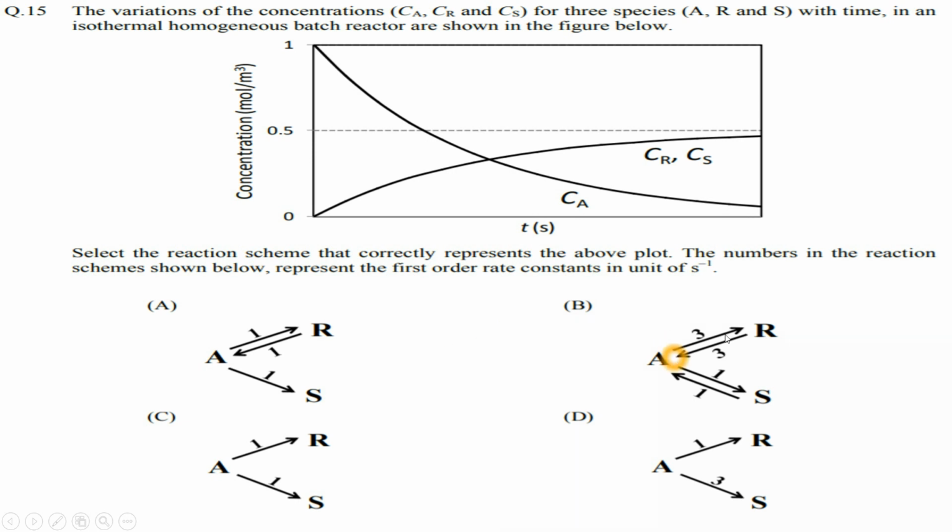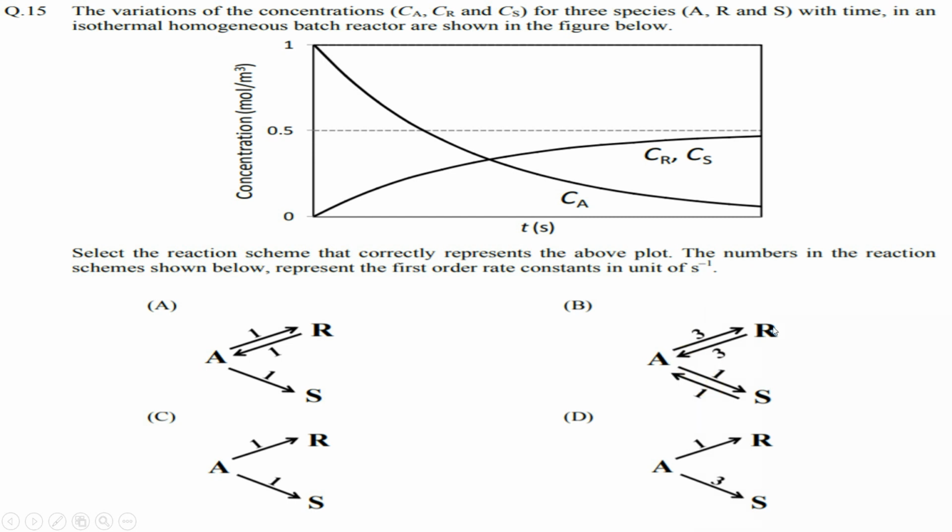You can see here there is a reversible reaction in both cases, but one thing is that the rate constants given are different. If there are different rate constants, but this is a reversible reaction, right? If I consider the rate constant is large here, and for this it is only 1, this is 3 times this, right?